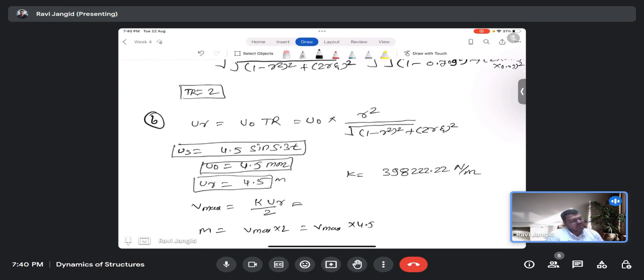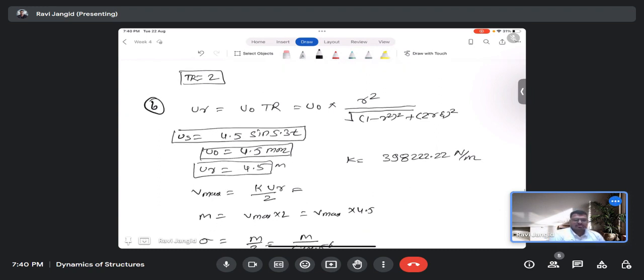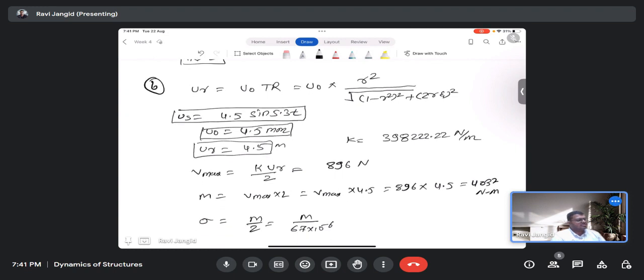Use this stiffness to find the V maximum, which comes to around 896 Newton. Then 896 into 4.5 gives 4032 Newton meter. So can you give me the bending stress?